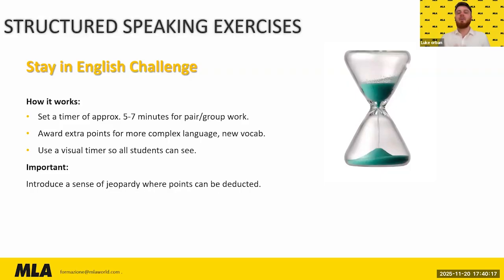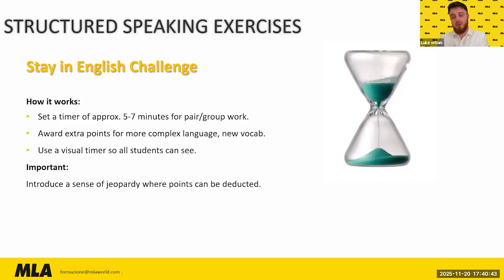You can have a visual timer projected onto the board as well, so the students know how long they have been speaking for, or you can always have the timer going down, and then they know how long they've got left to speak. You can do that either way. I usually find it better to come down than to go up in time because the time is more structured in that way.